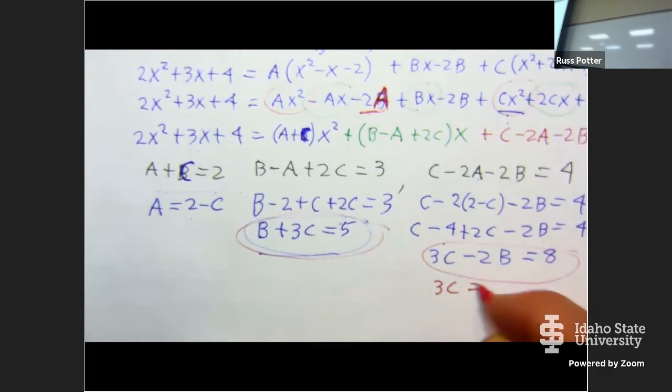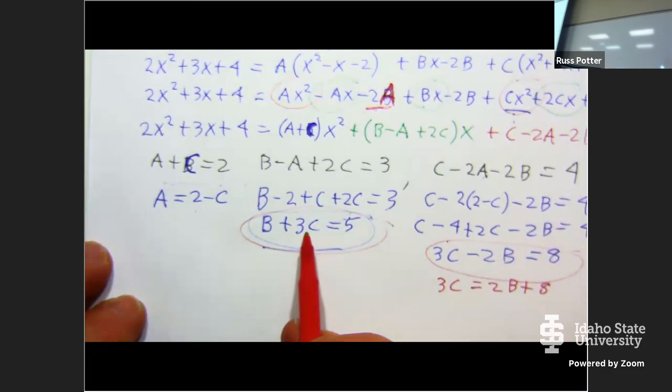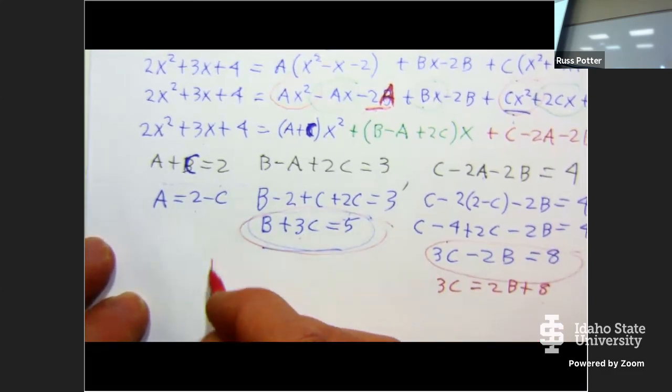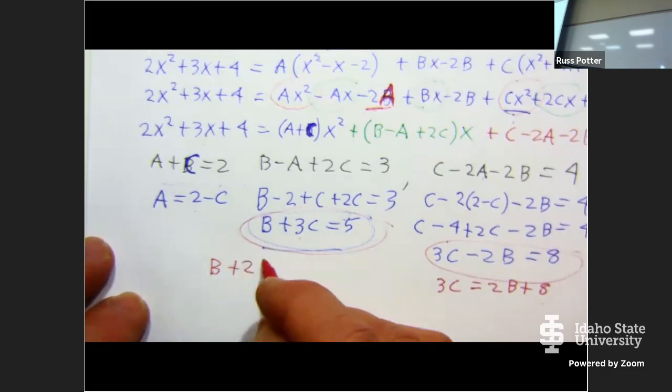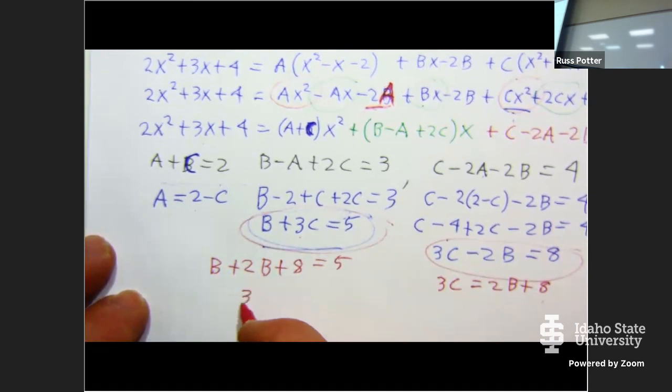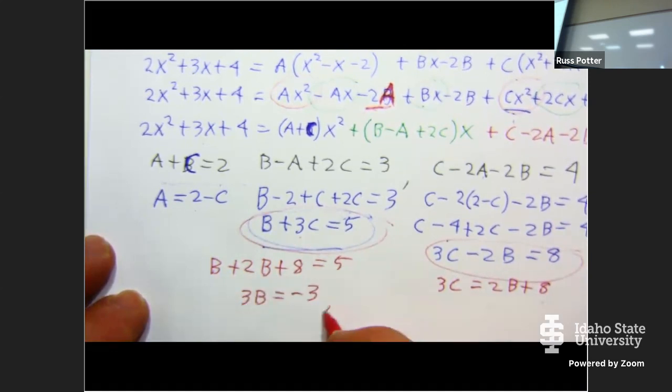So I get 3c equals 2b plus 8. And then in the other equation, I'm going to replace 3c with 2b plus 8. So I'll get b plus 2b plus 8 equals 5. Subtract 8 and also combine b plus 2b. So I get 3b equals -3. And now we know that b is equal to -1.